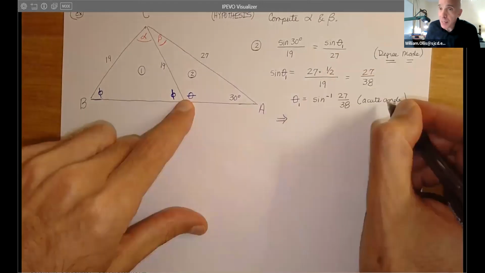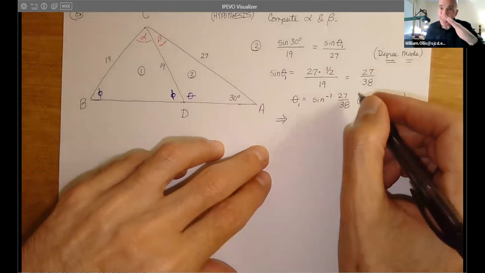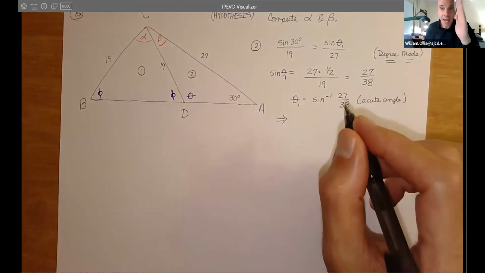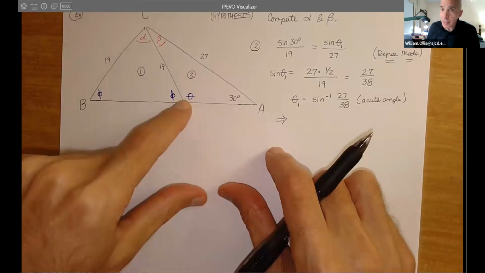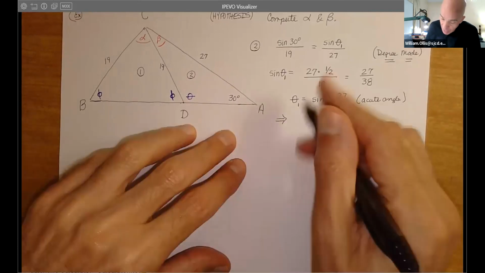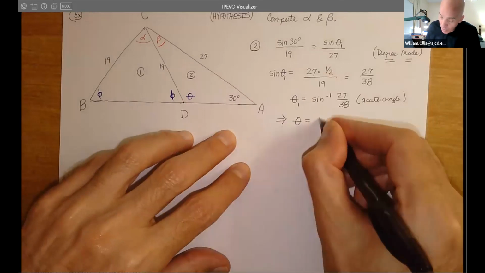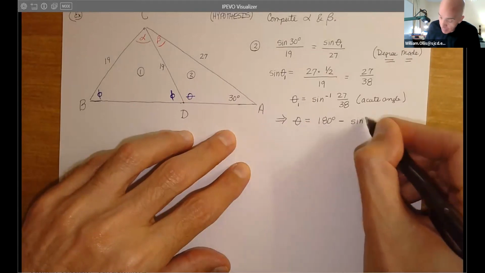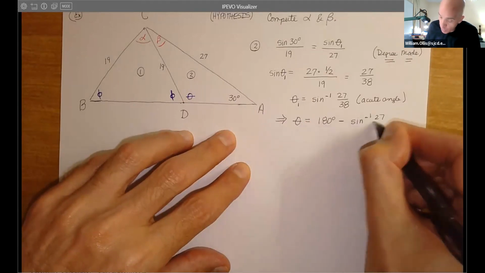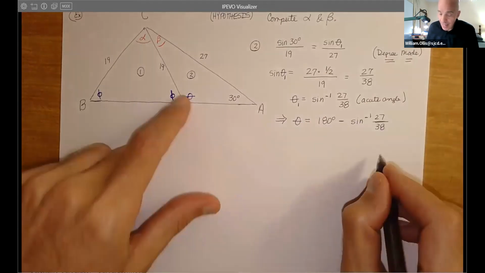Now I can go back and say that's theta 1 because that's the angle in the first quadrant. I want the one over here. I want Professor Ron's lemma for the second solution. So this implies that theta will now be 180 degrees minus inverse sine of 27 over 38. That's that angle right there.